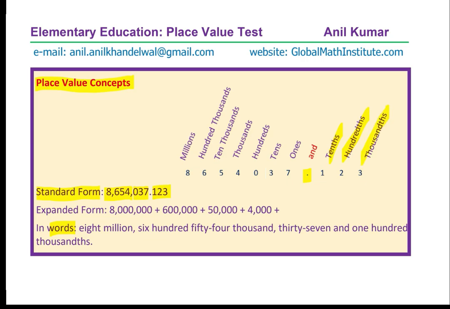They are like a fraction, 1/10, 1/100, and 1/1000. And the place value for the numbers on the left hand side is ones, tens, hundreds, thousands, 10,000s, 100,000s, and million. So on a place value chart, it could be something like this.